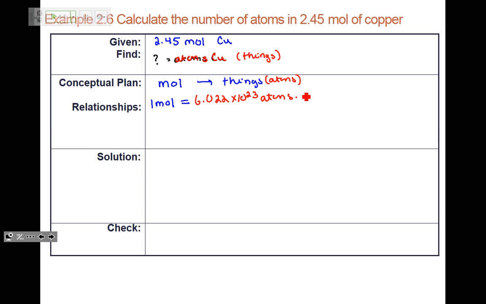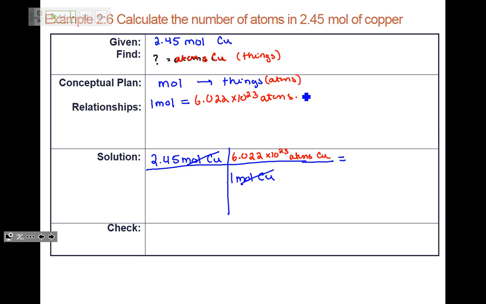So that's our relationship. Our solution, and again, I'm going to write it out completely: 2.45 moles of copper. And our relationship says that for every mole of, in this case, copper, and I want our moles at the bottom so they can cancel out, we have 6.022 times 10 to the 23rd atoms of copper. Our moles of copper cancel out, so that leaves us with the units atoms of copper.